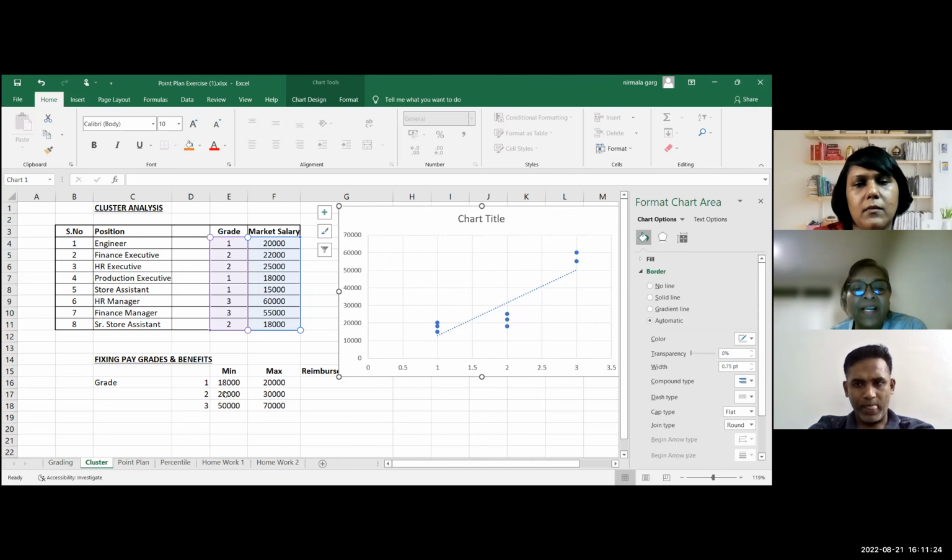Say min is 18,000 and max is 20,000. So what is the difference between 18,000 and 20,000? Only 2,000. Now, once I have done the scatter graph, I need to also do this mechanically. Typically, what I need to do is, I will actually just use a board.